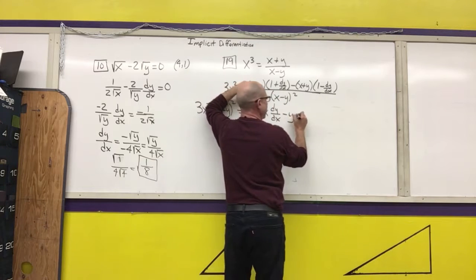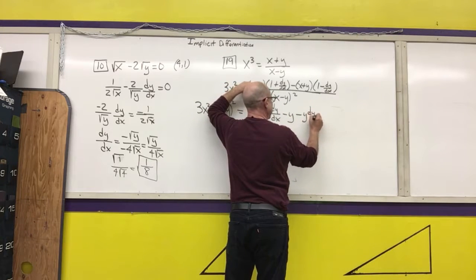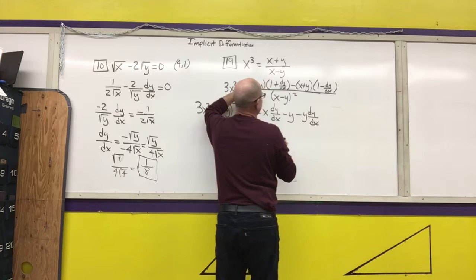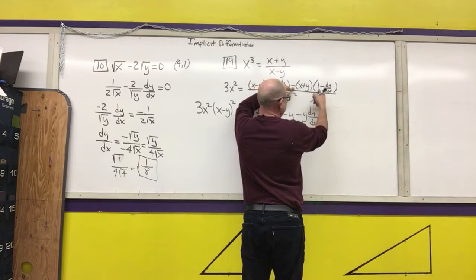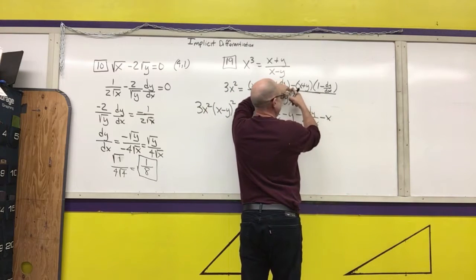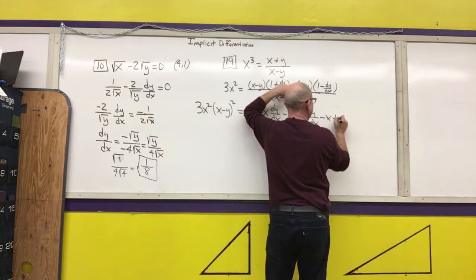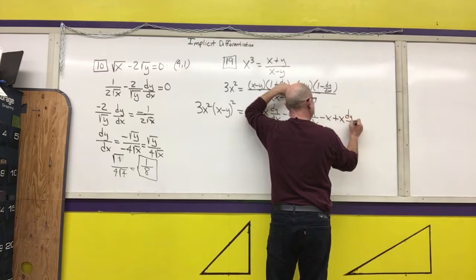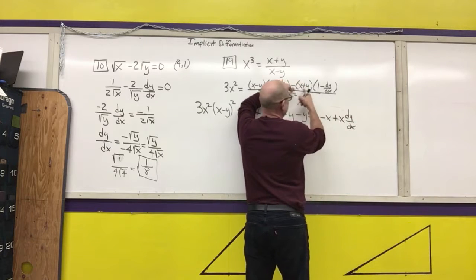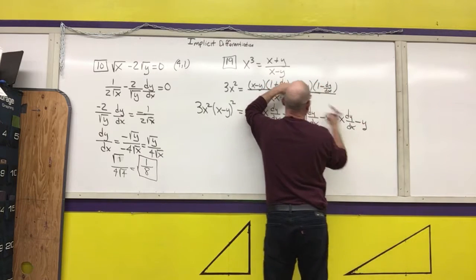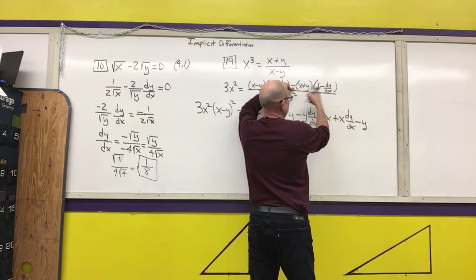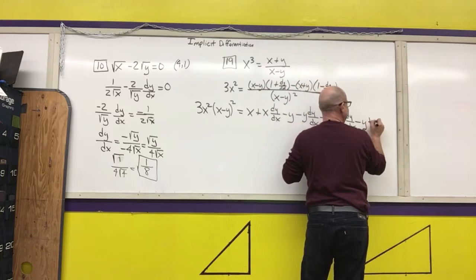Negative y dy/dx. Over here I got negative x. Negative x times negative dy/dx is a positive x dy/dx. Negative y. Negative y times a negative is a positive y dy/dx.